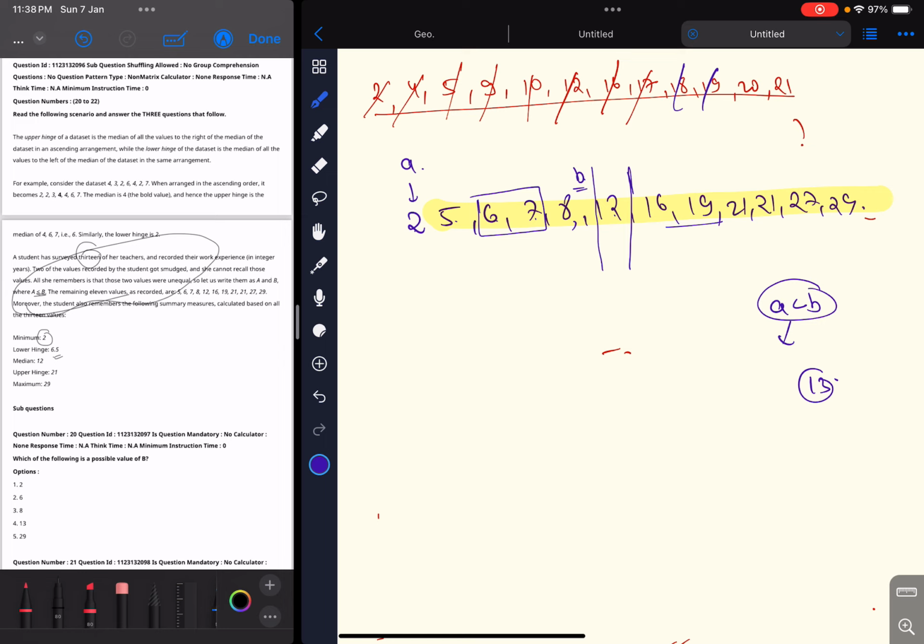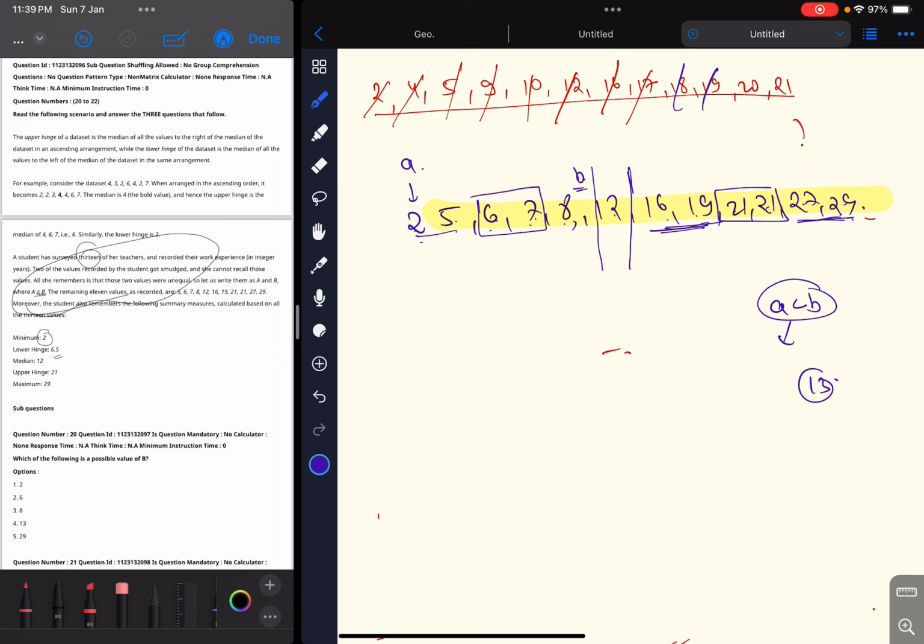Let us count the values: 21 16 19 21 21, this is 12, b will be over here, two values left over here, 1 2 3, 5 6, 1 2 3 4 5 6, 21. Yes, sorry. Two values left.